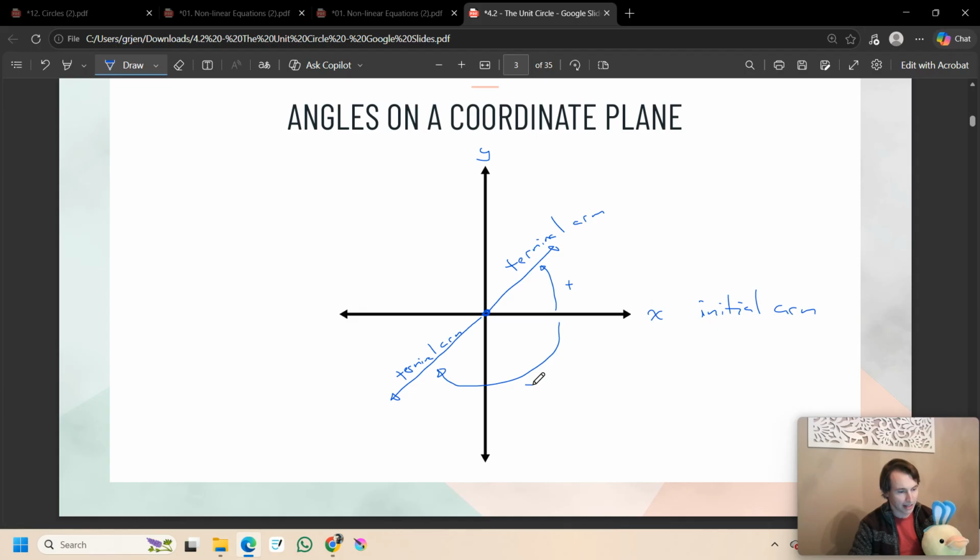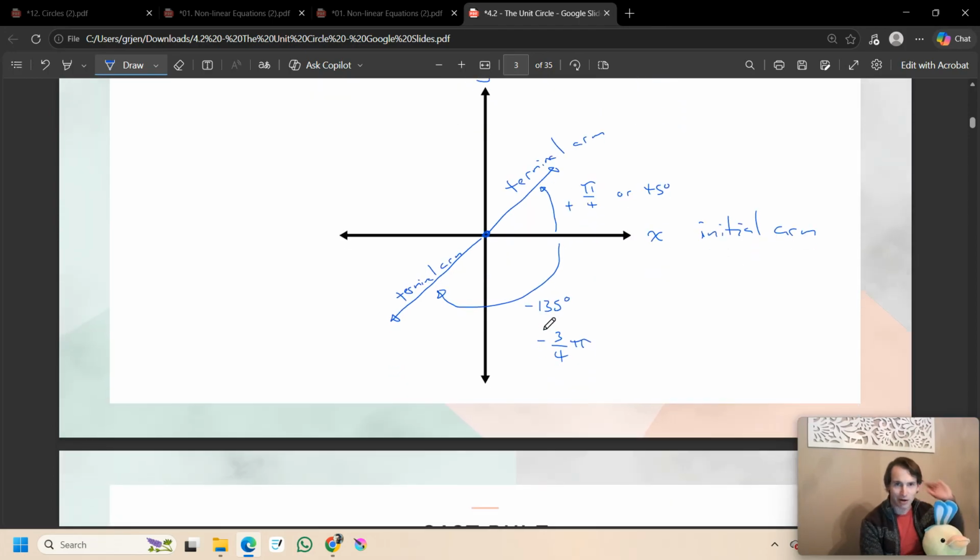Whereas this might be negative 135 degrees, or negative 3/4 pi. This one would be 1/4 pi, or pi on 4, or 45 degrees, in the positive direction. Okay, now we've got angles and the coordinate plane. You draw them a different way, you're wrong.